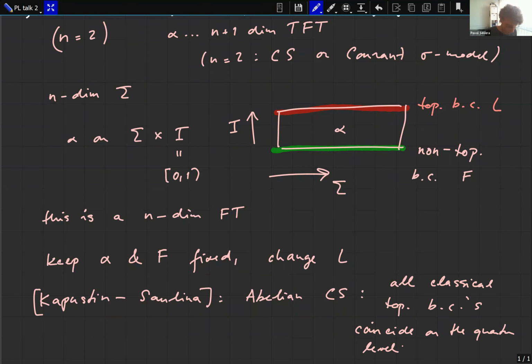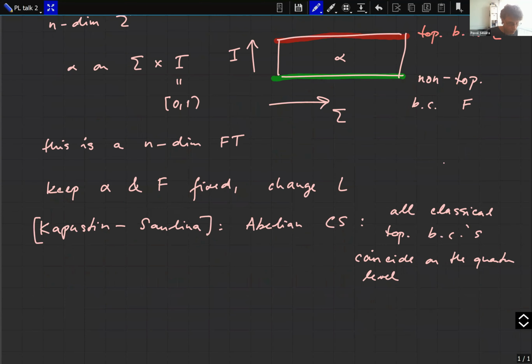Now that we would be using this kind of stuff with abelian Chern-Simons and with arbitrary topological boundary condition and fixed non-topological boundary condition. So classically, we're getting somehow different looking classical models, classical field theories, but on the quantum level, they are just the same.